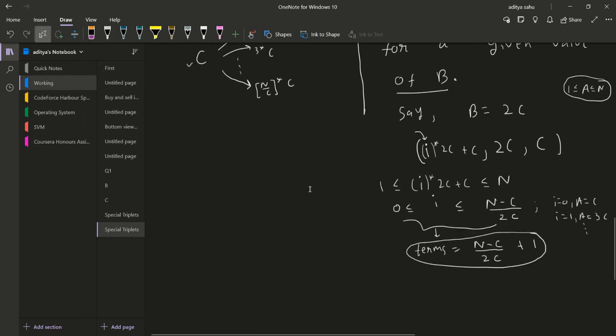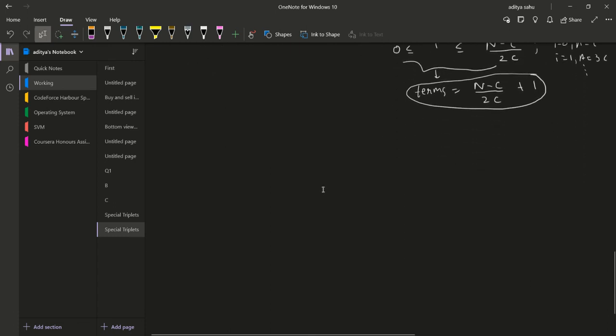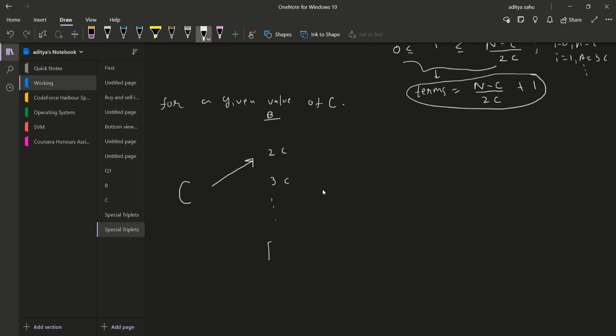Okay, so let me now summarize all the results here. For a given value of c, we have all the valid values of b as 2c, 3c, and so on up till (n by c) times c.